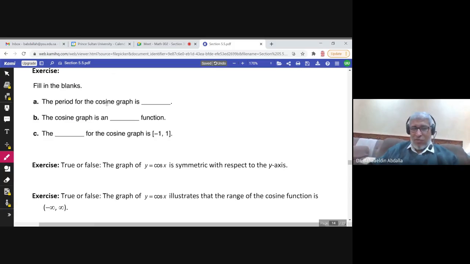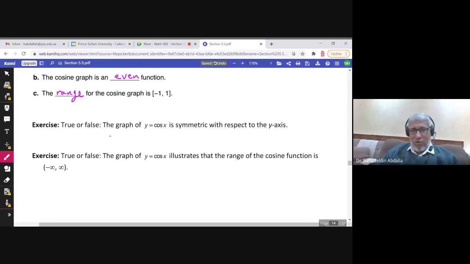Fill in the blanks. What is the period of cosine? As usual, 2 pi. The cosine graph is an even function. What is between -1 and 1? That's the range for the cosine. True or false? The graph of cosine is symmetric with respect to the y-axis.